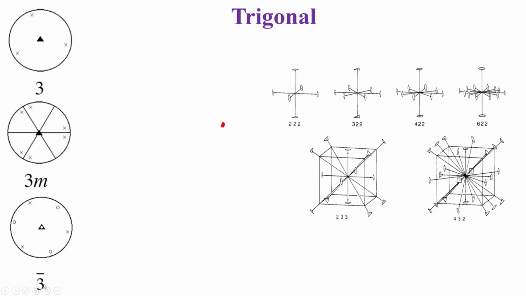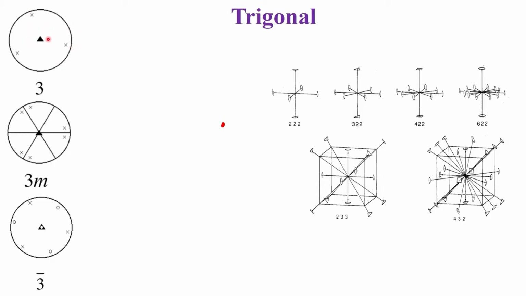So, in a trigonal system, the threefold axis can exist by itself, just the threefold axis as shown in this diagram here. This will take this XYZ to this position, which is 120 degrees rotated, and another 120 degree rotation brings it to the 240 position, and the next rotation comes back here.